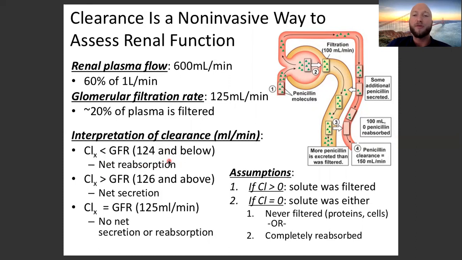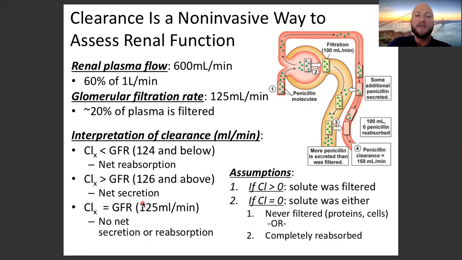So net reabsorption. Think urea for partial reabsorption. If clearance is greater than glomerular filtration rate, 125 for this example, think penicillin. We have filtration and we have secretion.